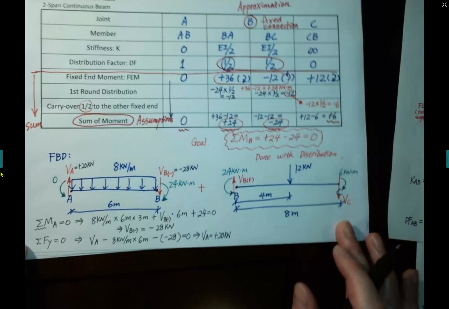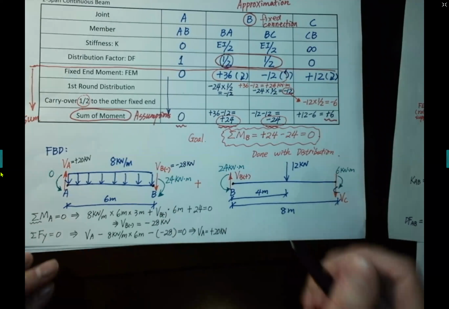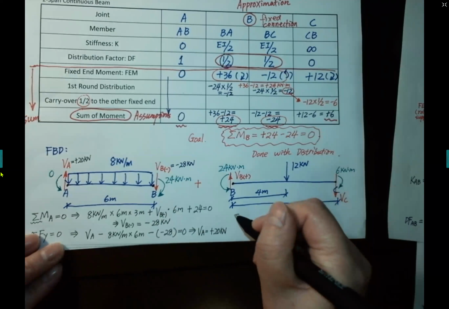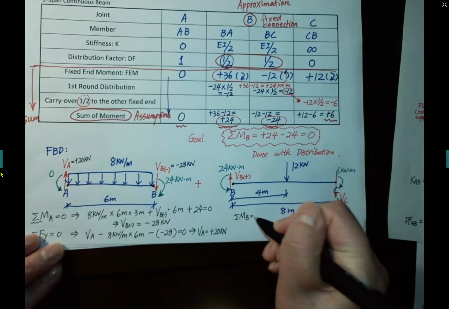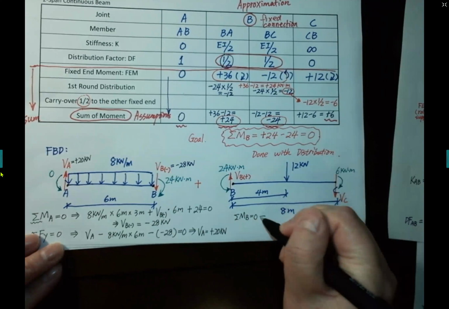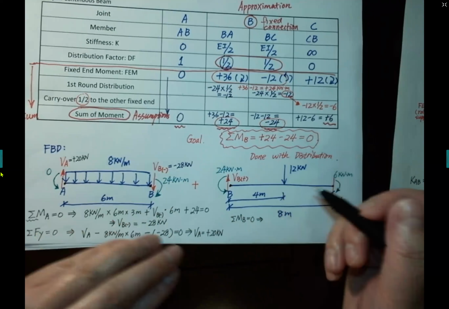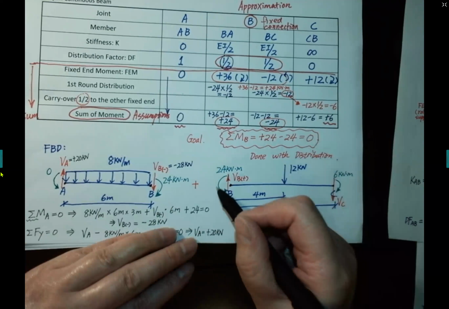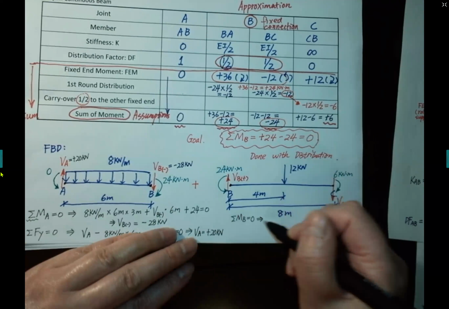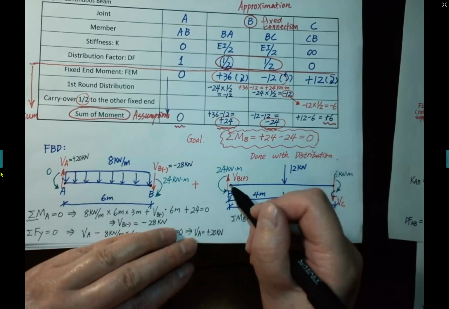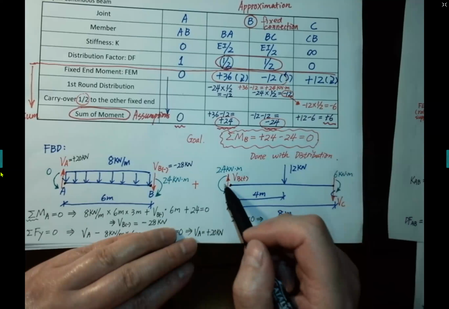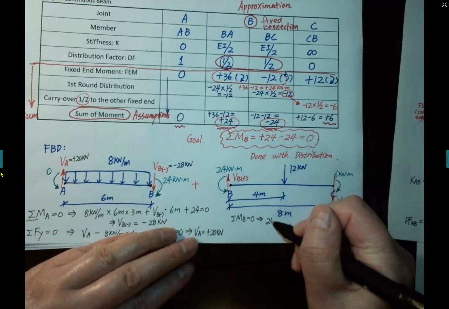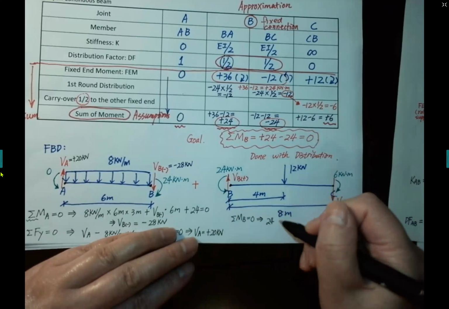Then we move to member BC. For member BC, same thing. First, we sum the moment at B equals 0 in order to get VC. VB passes through point B, so no moment contribution. They have counterclockwise 24. If I sum the moment at B equals 0, I assume positive moment is counterclockwise. So it's 24 kilonewton meter.